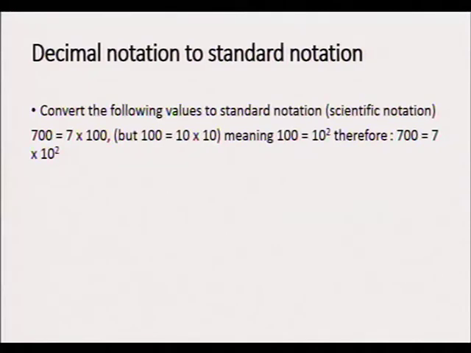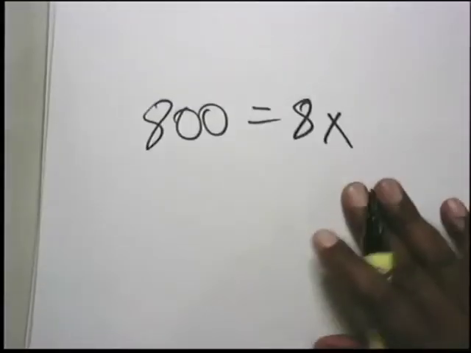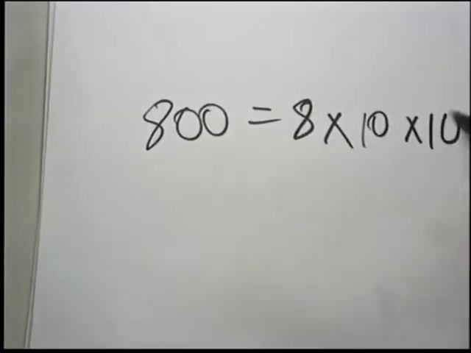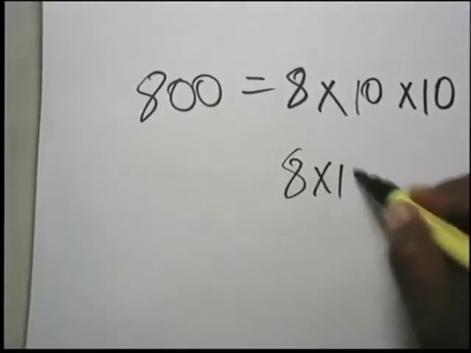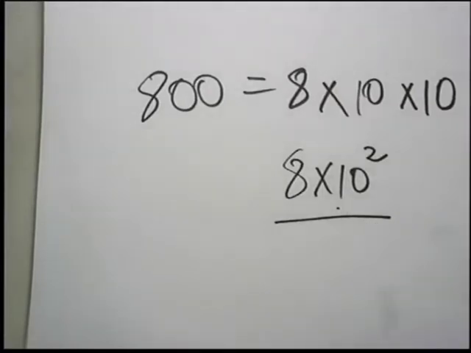So any other number that you get, say for example they give you 800. So you know that this is 8 multiplied by 10 times 10. And that is actually 8 times 10 to the power 2. That is your standard notation that you're going to use.